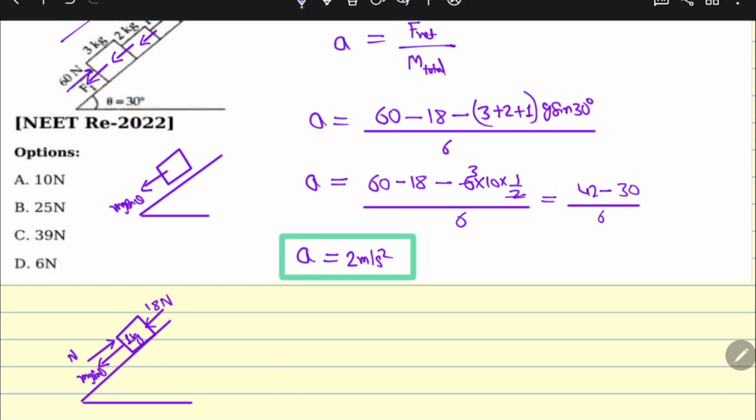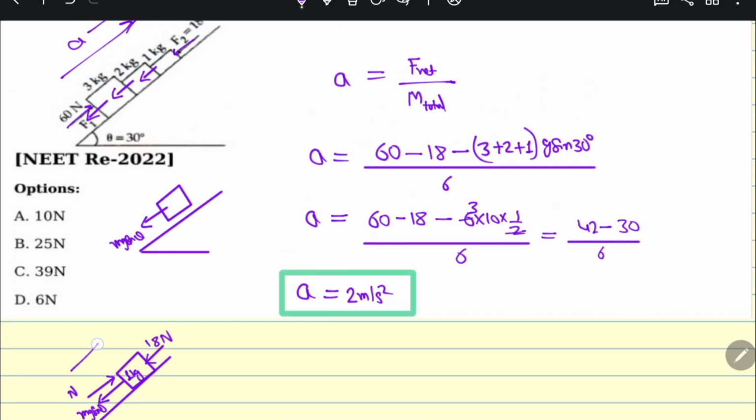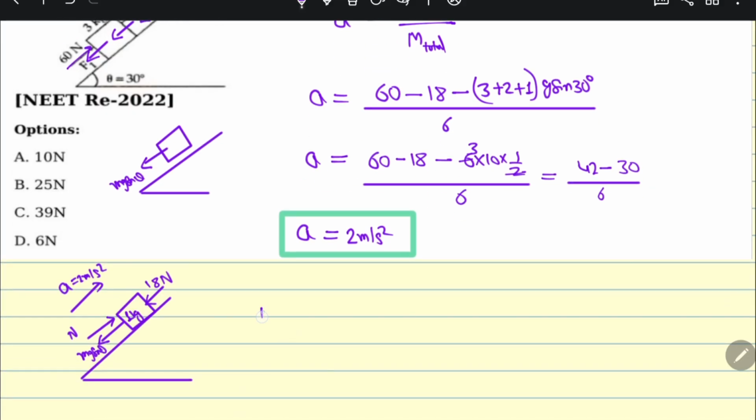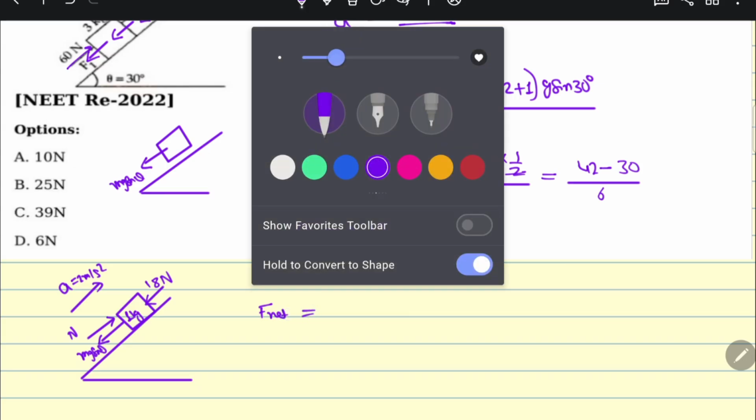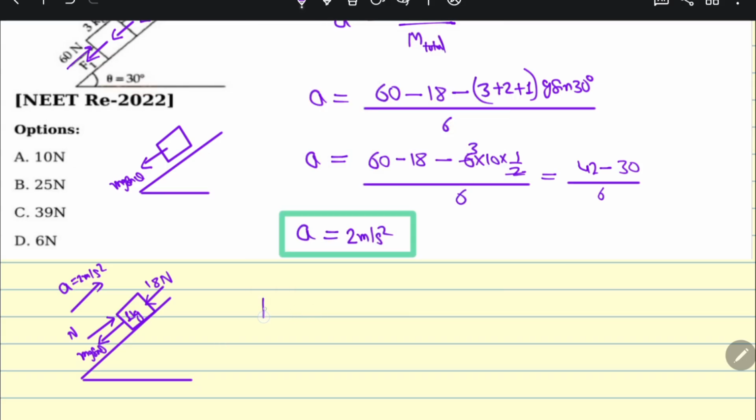So we can write the equation of motion for this, and the common acceleration is in the upward direction, that is 2 meter per second square. Now we can write the equation of motion: F net is equal to mass into acceleration.